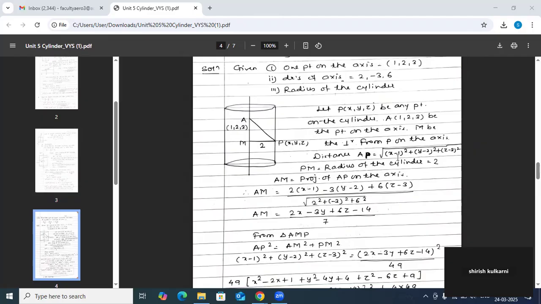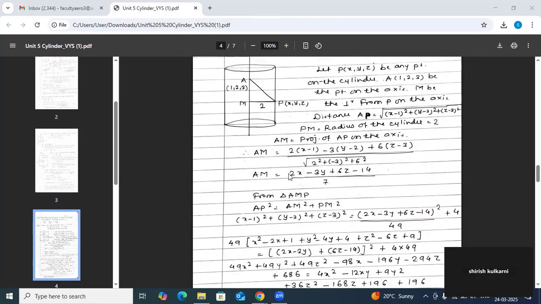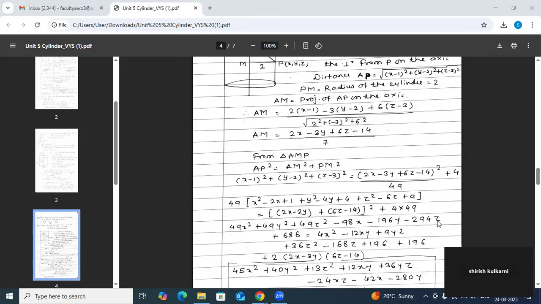The AP distance formula we have calculated. Substitute here. Square and square root get cancelled, because here it is AP square. AM square means (2x minus 3y plus 6z minus 14) upon 7, whole square, so 49. And the radius is 2, 2 square is 4. Then simplification is necessary here.